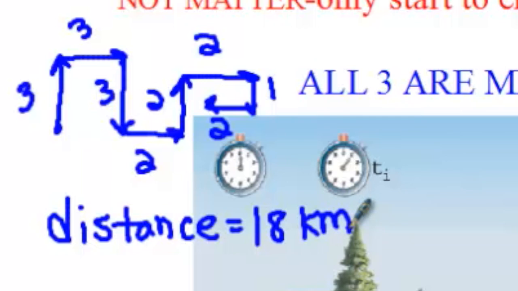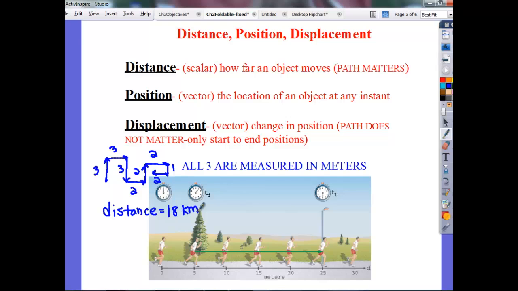For distance, the path that an object takes matters in your calculations. It is essential that you take into account every step, in other words, every bit of movement that the object covers. Position and displacement, however, are very different because they only take into account the change in position.